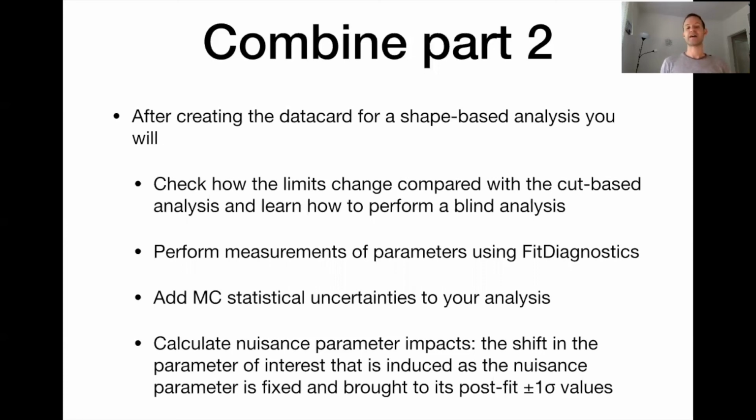And we'll do this by calculating what are called the nuisance parameter impacts. So this looks at the shift in the parameter of interest, so in this case our signal strength r, that's induced as the nuisance parameter is fixed to its best fit value, and then shifted between its post-fit plus minus 1 sigma values. Okay, so have a go at these exercises and then watch the next video where we'll discuss some of these points.